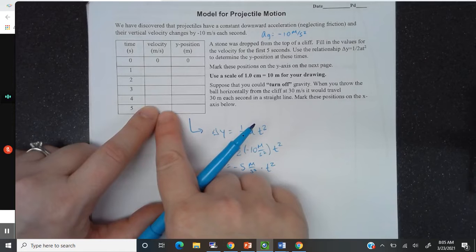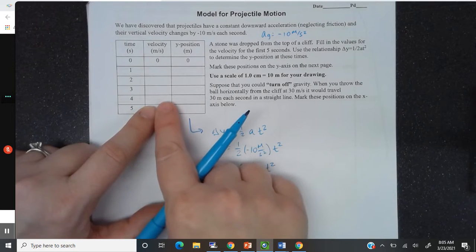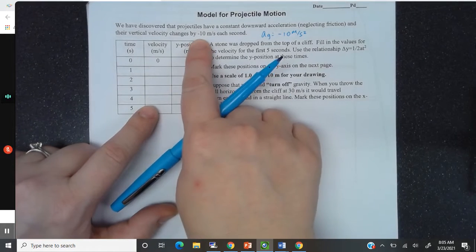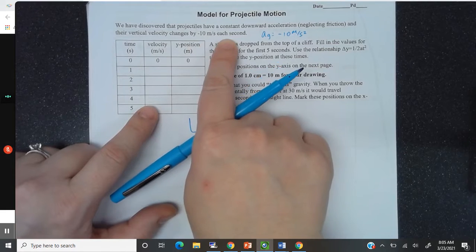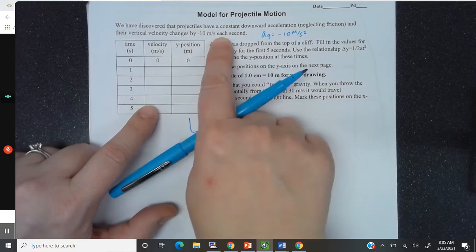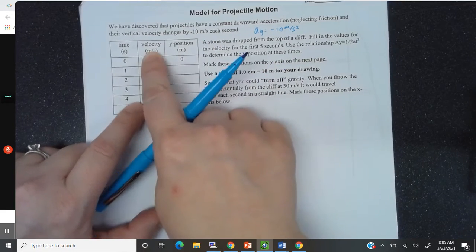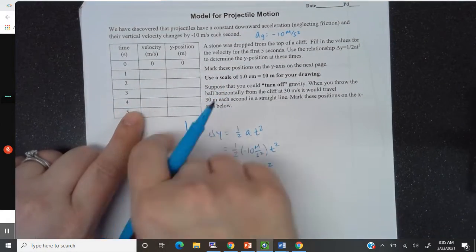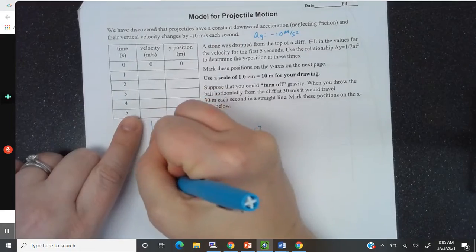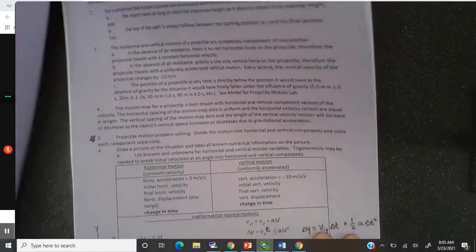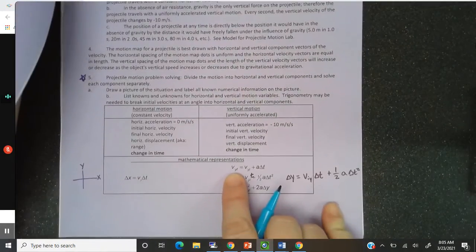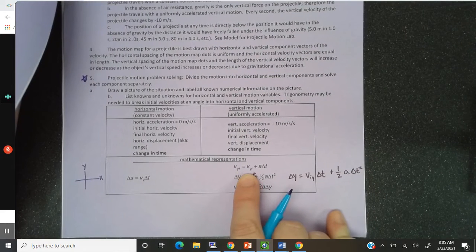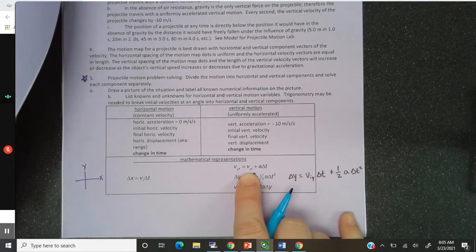For our velocity, let's see. Our velocity is going to change minus 10 meters per second each second. So we can use that information to solve for what our velocity ought to be at each point in time. So if we refer back to our front cover, then our velocity is going to be equal to the initial velocity, which was 0, right, for a dropped object.